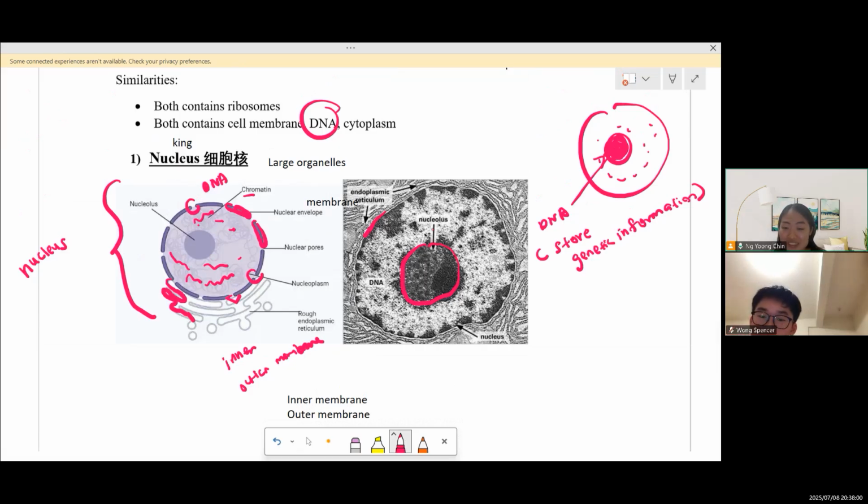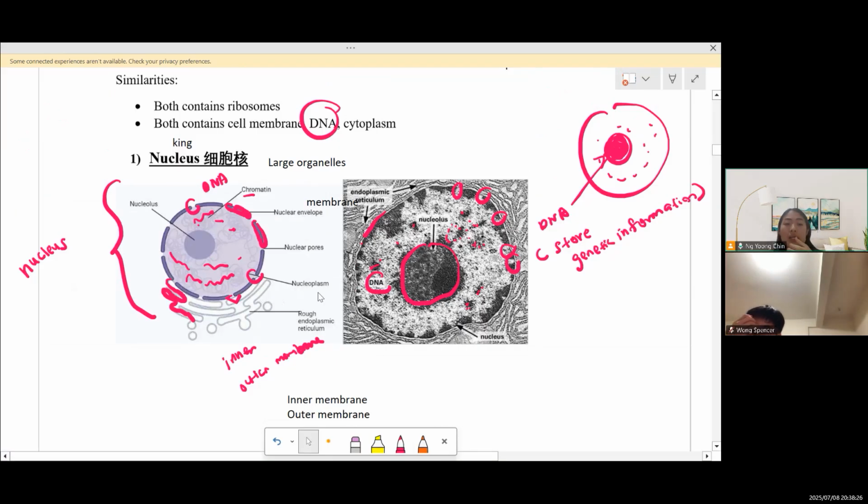See this nucleus, and then see this one, very messy. Okay, very large black spot. This is DNA. See, this is DNA. And then it's being surrounded by the nuclear membrane, a double membrane. You can see there's a hole, right? See this hole.